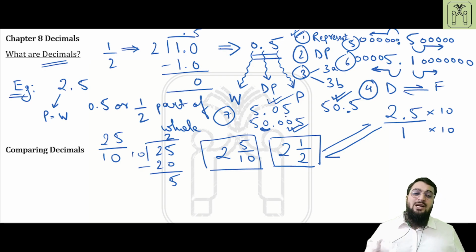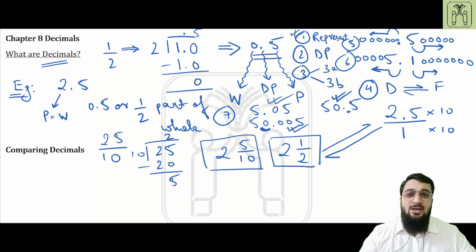Pause the video, write it down. If you have written down all these 7 points of the decimal, the whole chapter is complete. You can solve the whole chapter on your own, for those who have the habit of learning or making notes of their own. And if you have not written down these 7 points, the next lectures of this chapter will be a total disaster or a total hassle for each and every one.